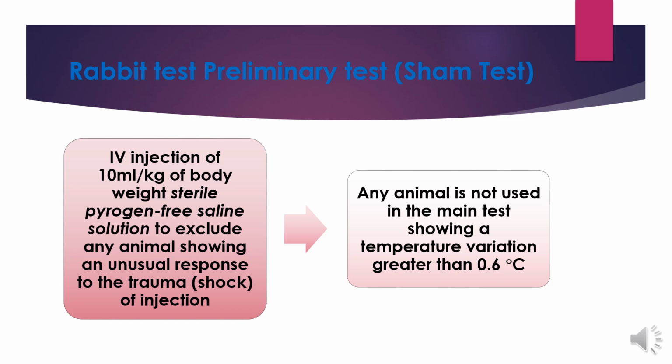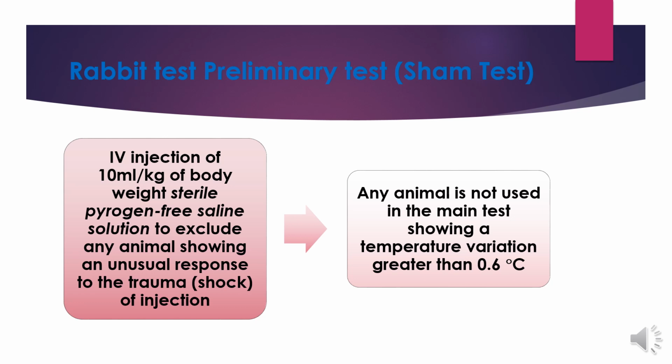If a rabbit does not have the stamina to bear the injection trauma or shock, and only because of that injection it shows a rise in temperature, it is removed from the main test. So this is also one of the selection criteria for those rabbits that are to be selected for the main test.